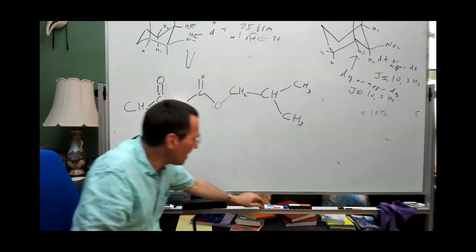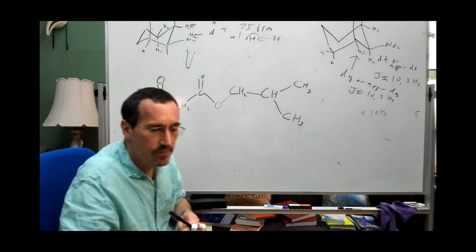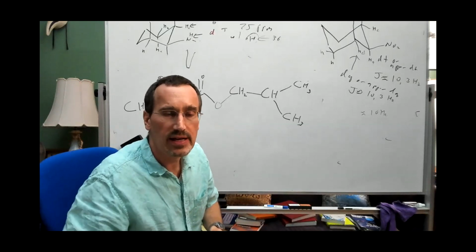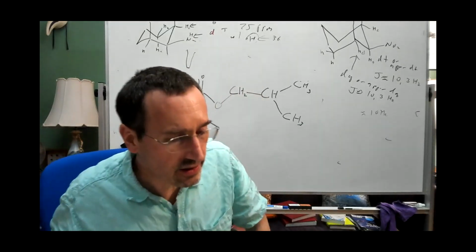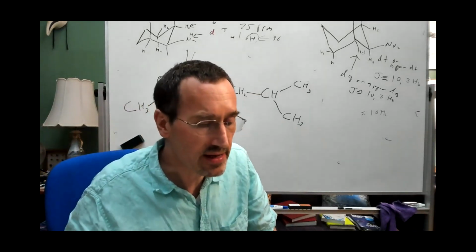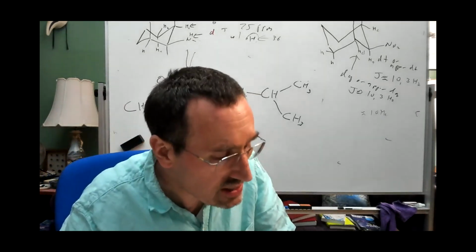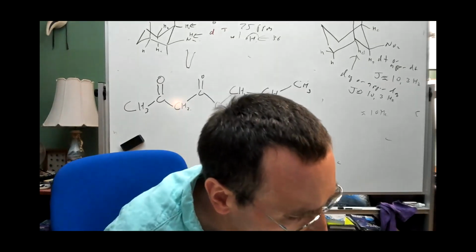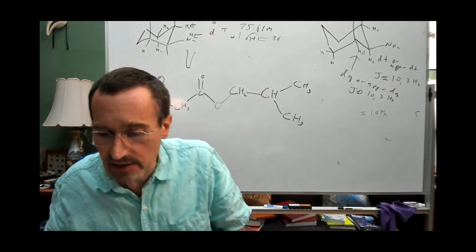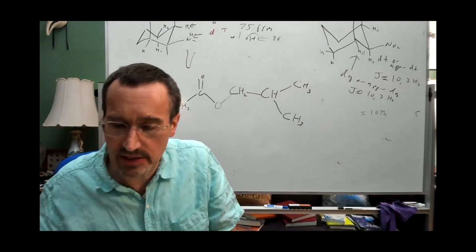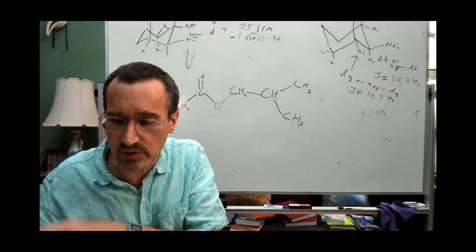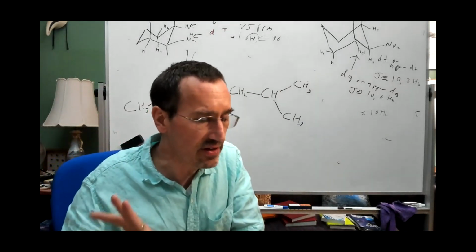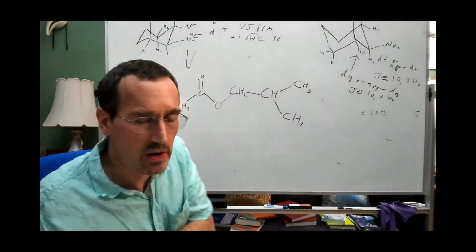Thank you. So one thing that caught me when I looked at that peak that we've talked about is the pattern on it. It didn't look quite like a septet to me, because with a septet we are seeing 7 lines that I can count there. But a perfect septet is 1 to 7 to 21 to 35 to 21 to 7 to 1, and we're seeing a little bit more going on there.